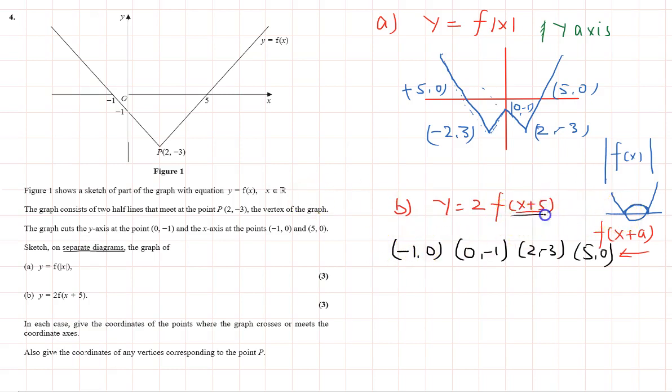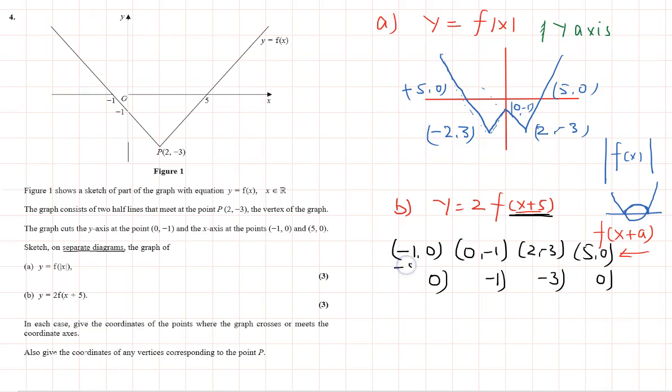For this operation, first we do this operation only. For this operation, the y-axis will remain same. And the x, this is a positive 5, so it will move in the negative direction.